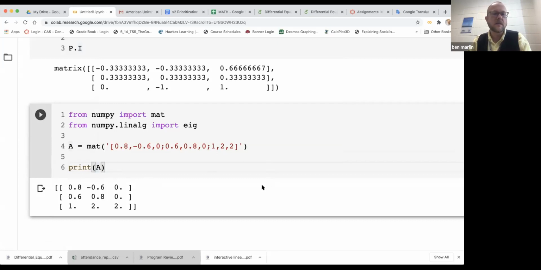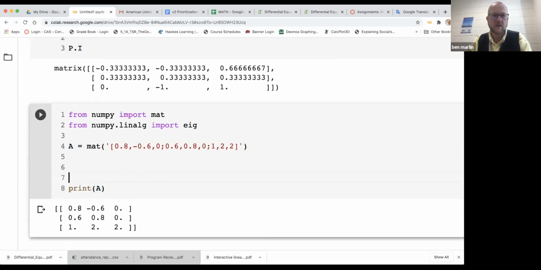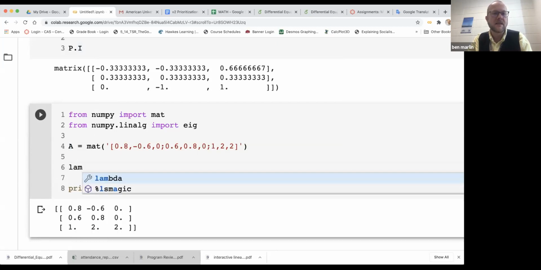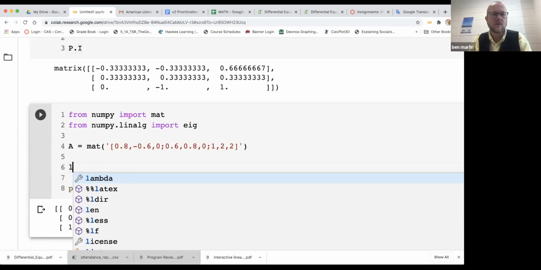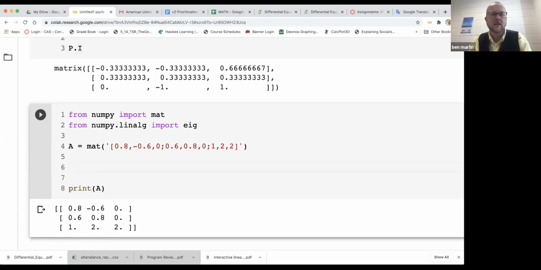So now I am going to have my eigenvalues. By the way, I've said this somewhere else: it turns out lambda is a reserved keyword. I can't actually use it. So I'm going to just use capital L for lambda.